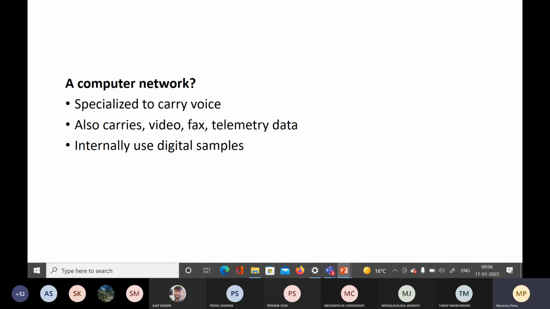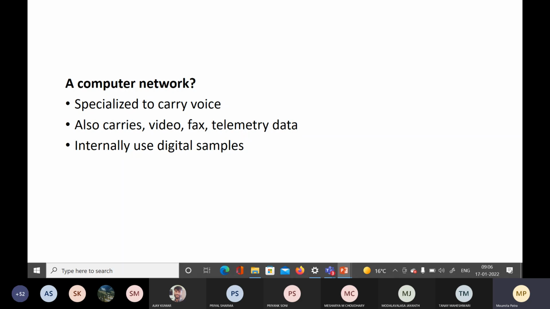This is what is written in the first slide here: what is a computer network. What we have studied in networks until now, whether it is your BTech basic computer networks course or the few classes that you have done in this course, is that a computer network is capable of carrying voice or video data, fax, telemetry data.